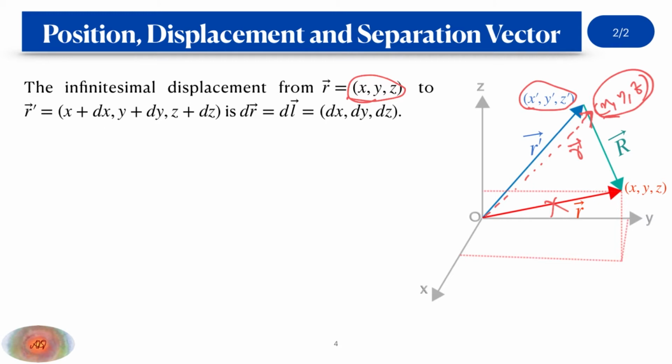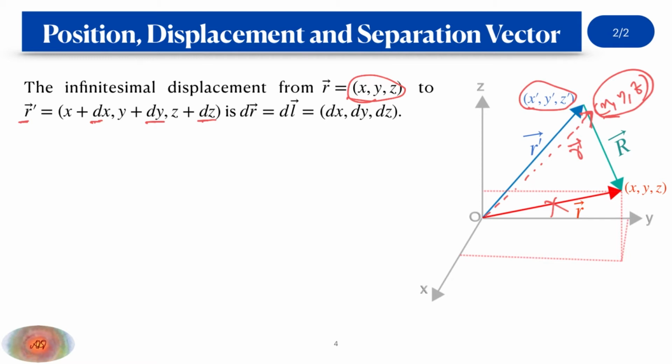That means along the x direction, the incremental distance is dx. From the field point, if you want to reach the source point which has position vector r dash, then you have to go an incremental distance along the x axis, that is dx, and along the y axis dy, and along the z axis dz.